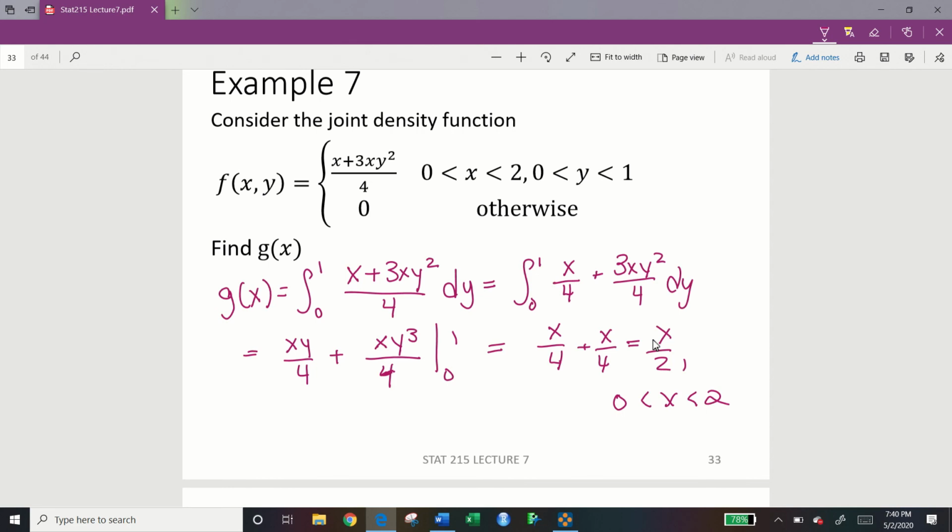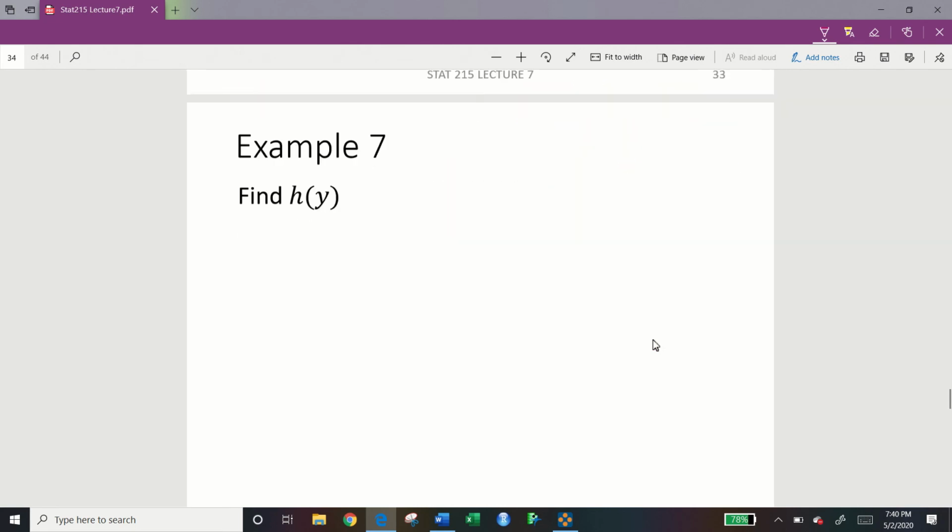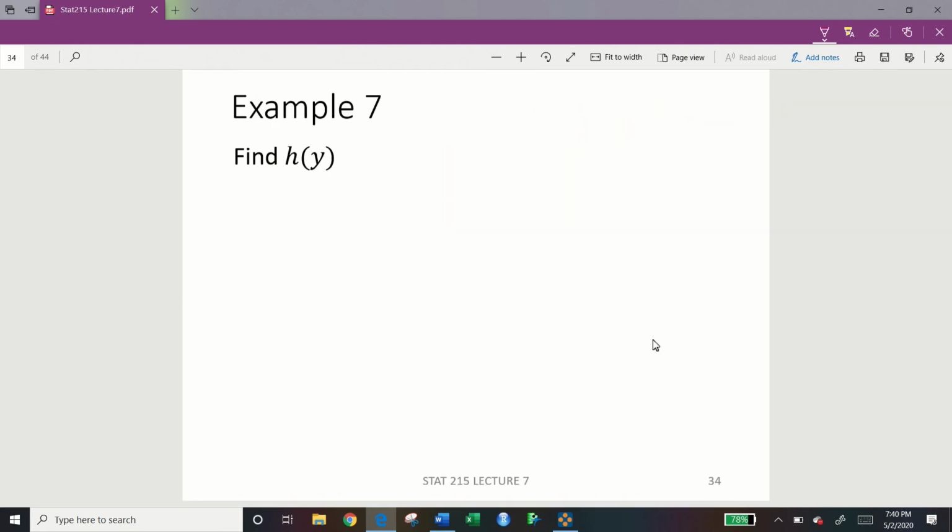Very, very good. Now, let's do something we haven't done so far and do the marginal distribution h of y. So for h of y, this time we get to integrate over x. So we'll integrate from 0 to 2, x over 4 plus 3xy squared over 4 dx. Now let's integrate.